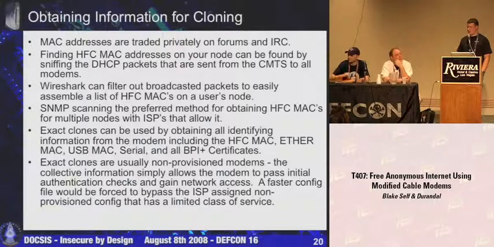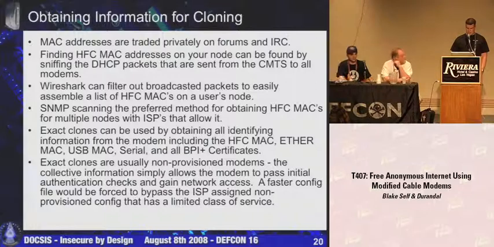And then we have the exact clones, or some people call them a perfect clone, which is actually taking all the identifying information from the modem: the HFC MAC, the Ether MAC, the USB MAC, serial, and all the BPI Plus certificates. You're basically taking everything from that modem and putting it on another modem, and then you have a perfect clone that way.